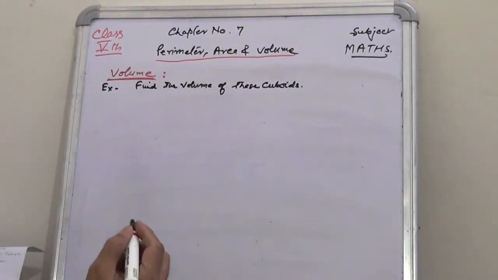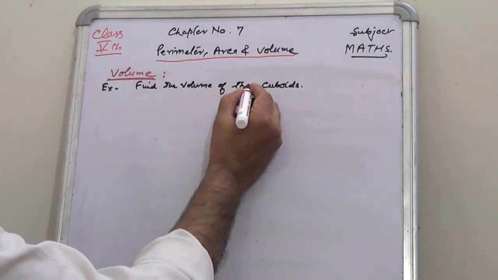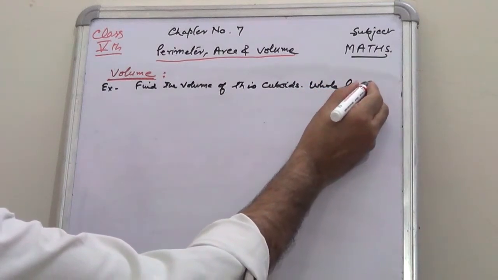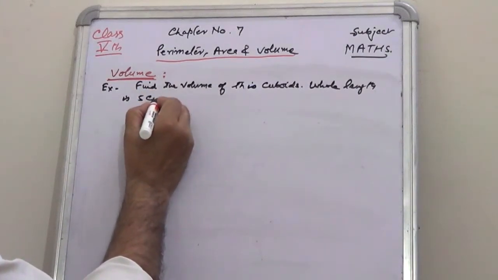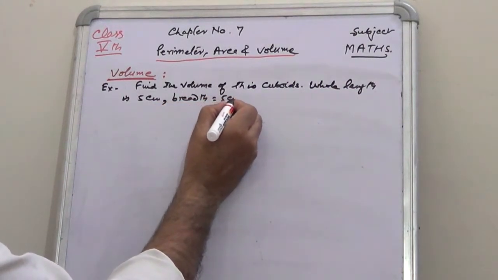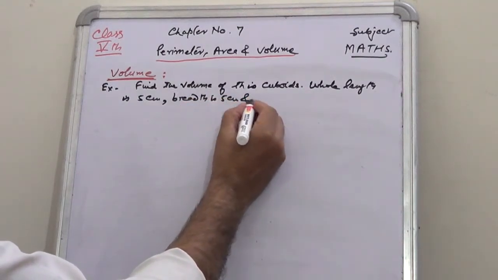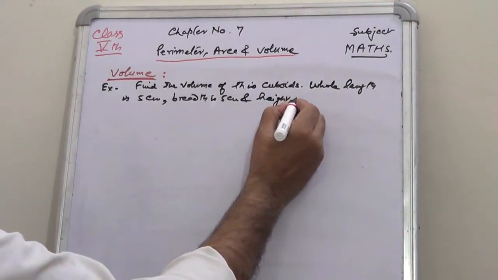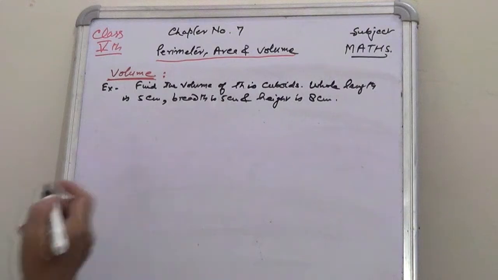Take this cuboid whose length is 5 centimeter, breadth is 5 centimeter, and height is 8 centimeter. So children, what will be the volume of this cuboid?